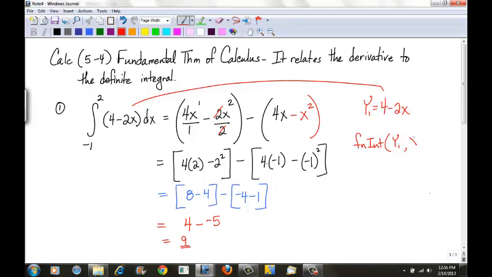And then we did comma, x, comma, and then you go from -1 to 2. When we do it algebraically, we substitute in the top number first, but when you do it on the calculator, you substitute in the bottom number in that equation. And that should end up to give you 9 for your answer.